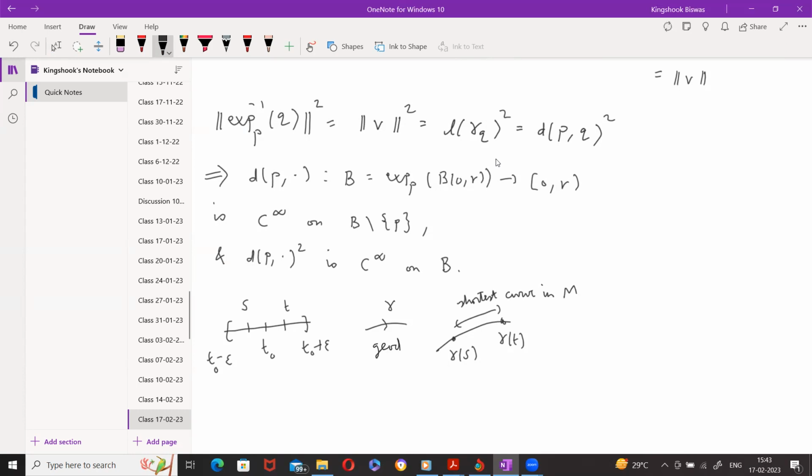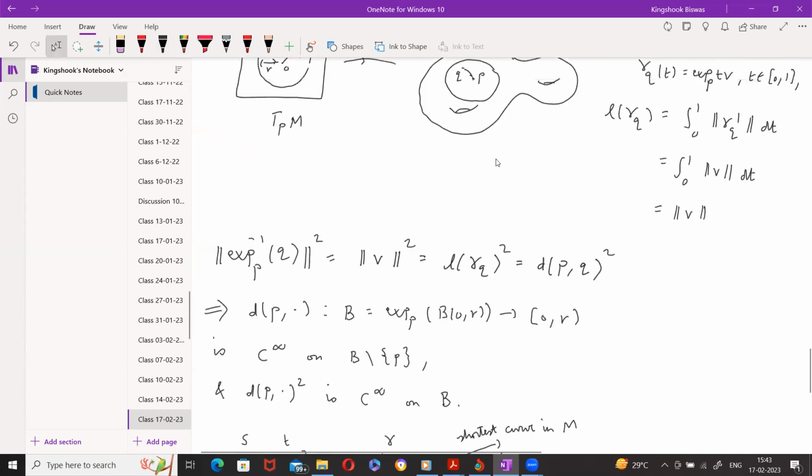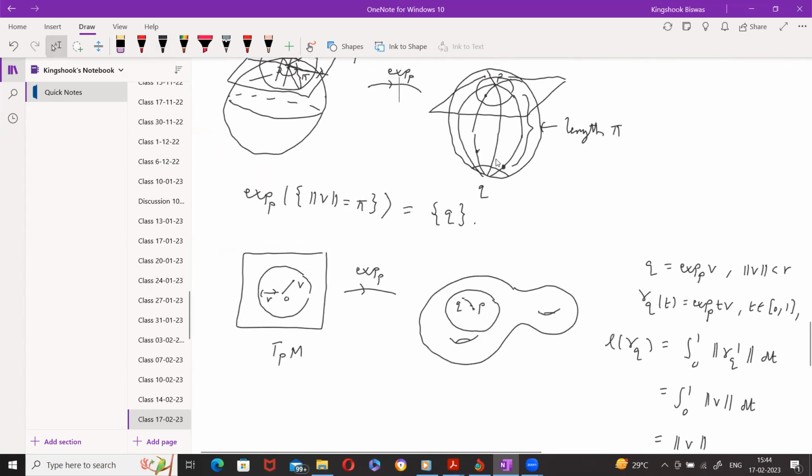So it is locally length minimizing, but not necessarily globally length minimizing. As you can see in the example of the sphere, right? If I take my geodesics defined on the interval, let's say 0 to 2 pi, then they are not going to be length minimizing. In time 2 pi, in fact, I come back to the starting point P, right? So clearly that's not length minimizing. But locally they're going to be length minimizing.